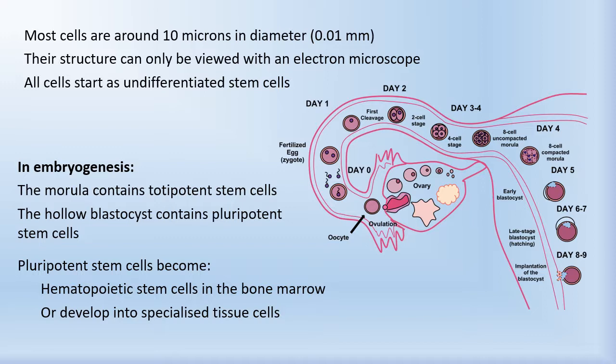The hematopoietic stem cells, they go to the bone marrow and they eventually become either erythrocytes, so red blood cells, or leukocytes, white blood cells. Others form the cells of the tissues.